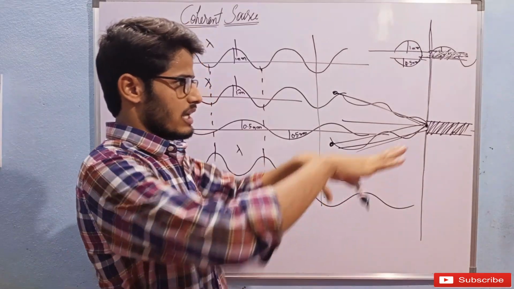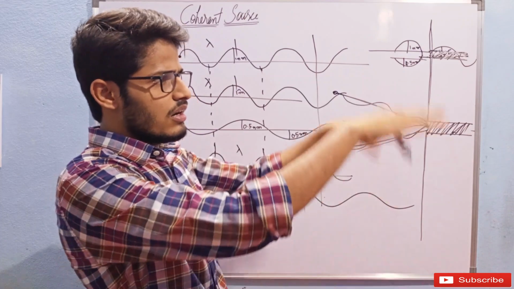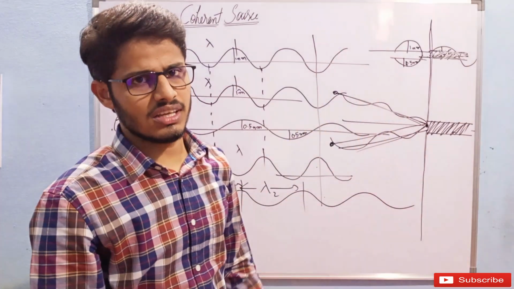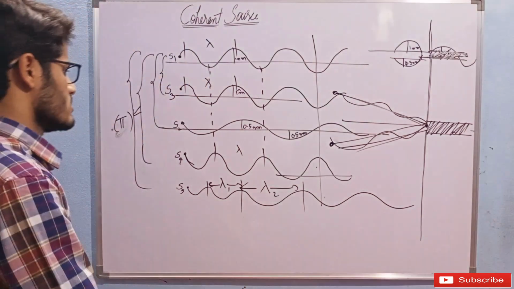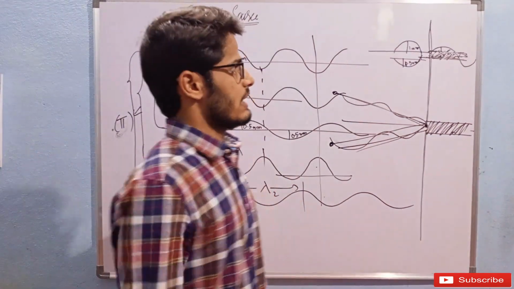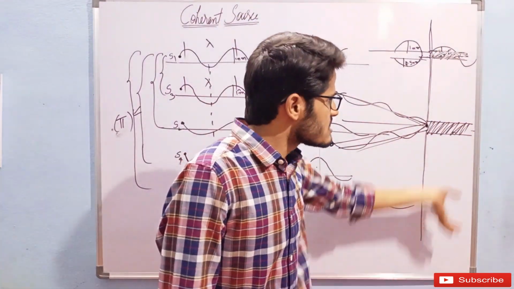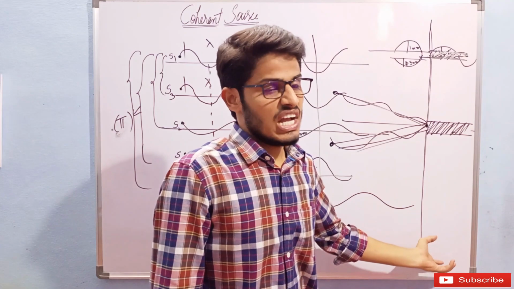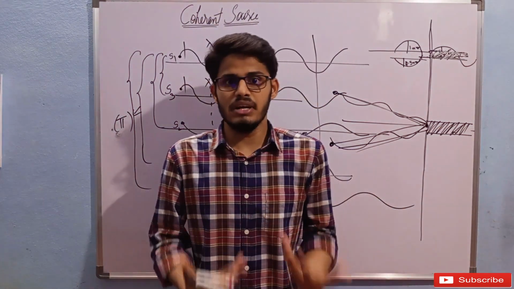The whole screen will have light on it. There will be no spot with destructive interference, because they won't cancel each other perfectly. Here you are getting an interference pattern. Okay, it's a symmetrical thing. That interference pattern is a symmetry.